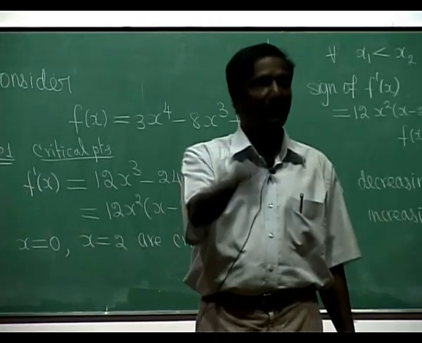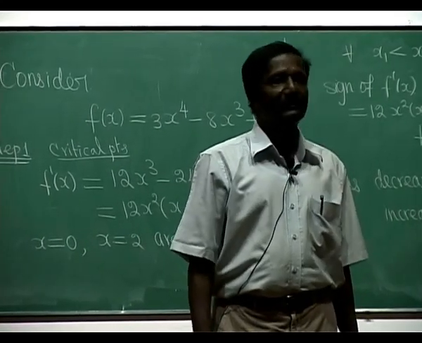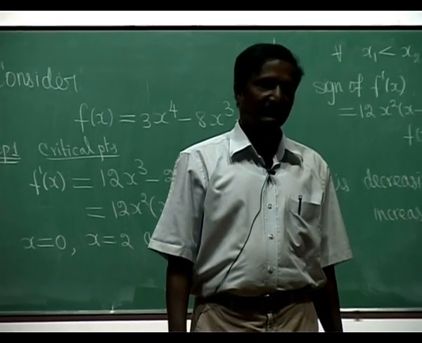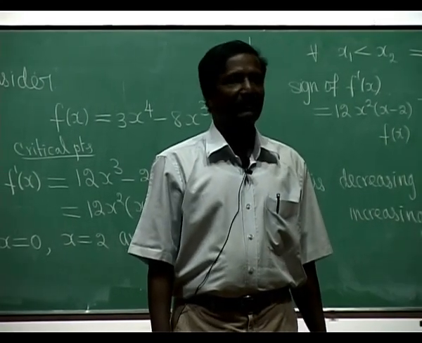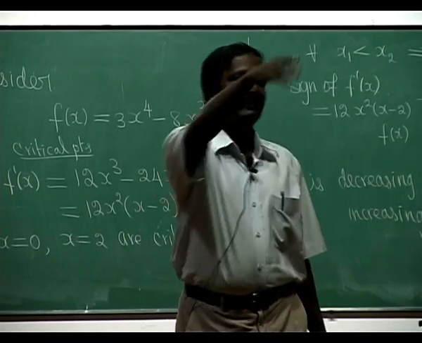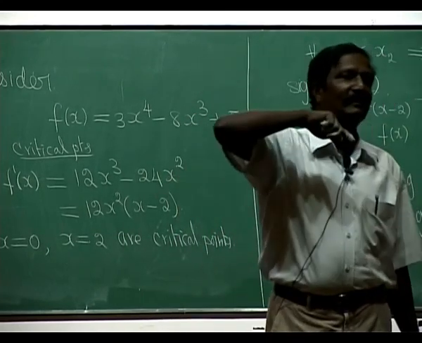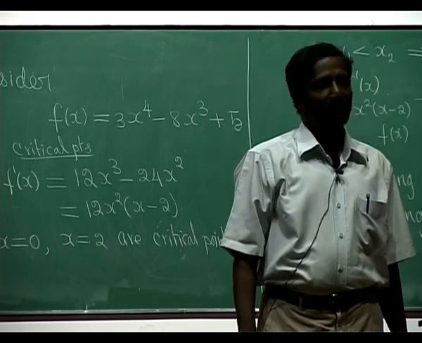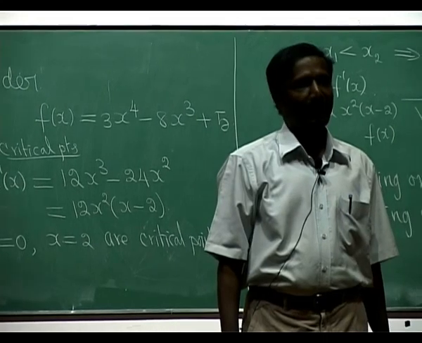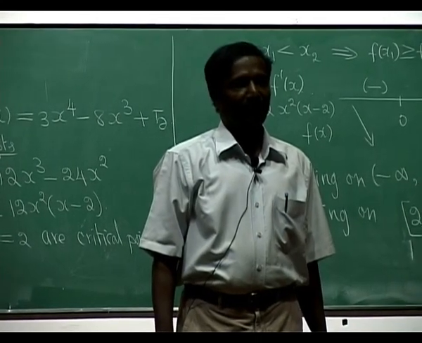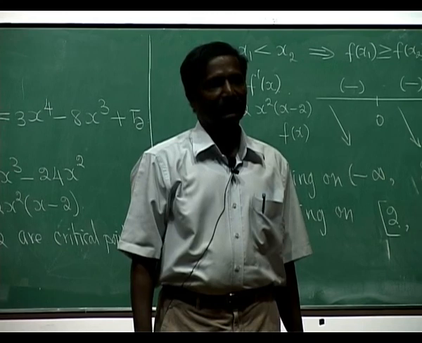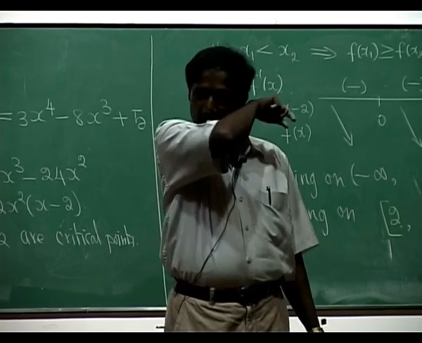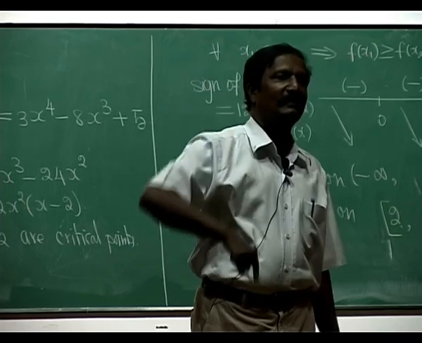Whenever I'm going to use the concept increasing but not strictly increasing, use closed interval. Yes, sir. Function is increasing. Perfect square is always non-negative. x square minus 4x plus 4 is coming, f dash of x. We say it is increasing, not strictly increasing, since x minus 2 whole square is always non-negative. We are telling it is increasing. Right?